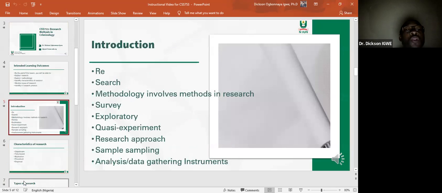So we start with the introduction. By way of introduction, we say that there is a prefix and a suffix that make up research. The prefix here is re. The suffix here is search.